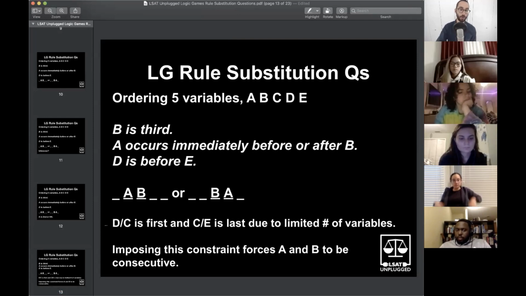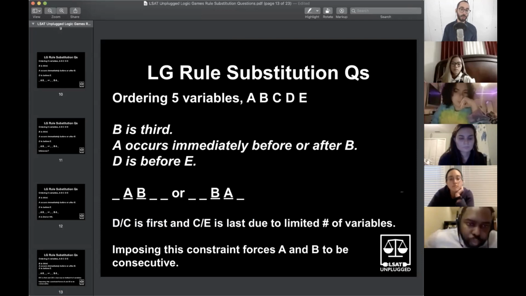Meaning that either D or C is on 1 and C or E is last, just because there are so few variables in this drill. So imposing that constraint, if we said one of D or C is first and one of C or E is last, that would lead you to the point where A and B had to be consecutive.